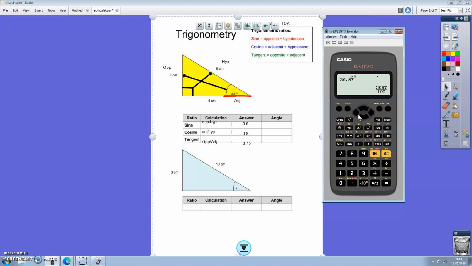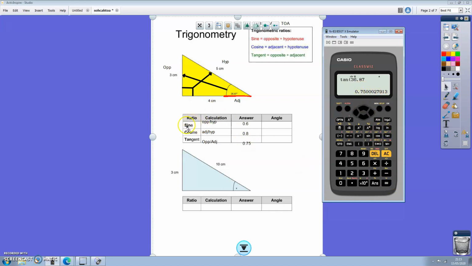If I want the cos of 36.87, I've got 0.8, which I would round to 0.8. And the tan of 36.87 gives 0.75.